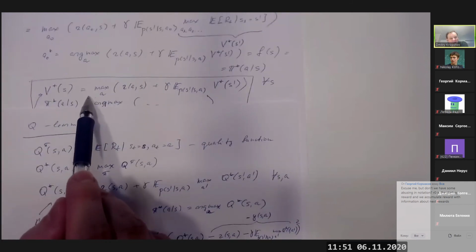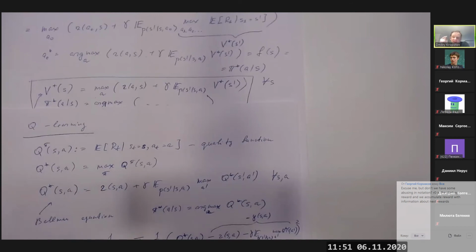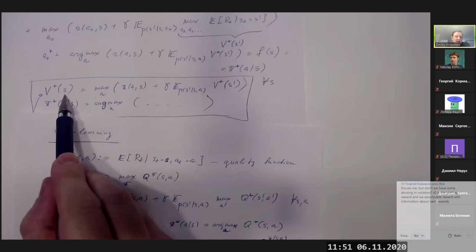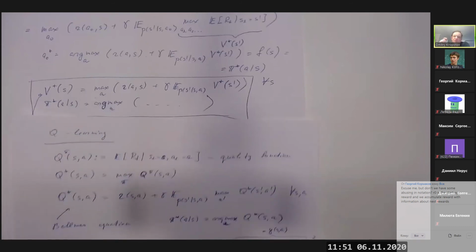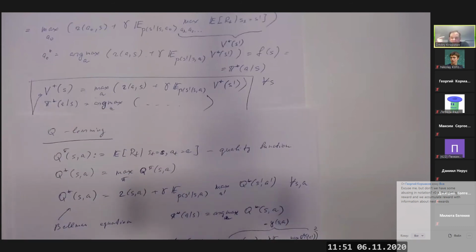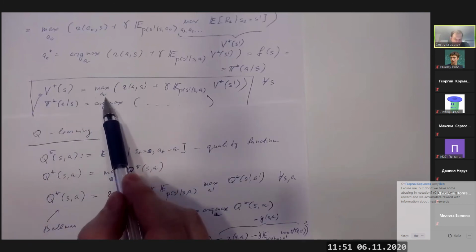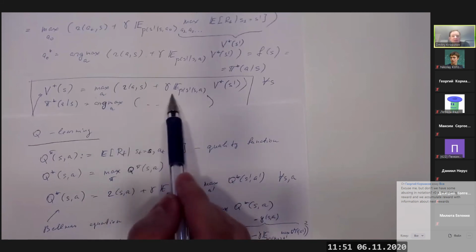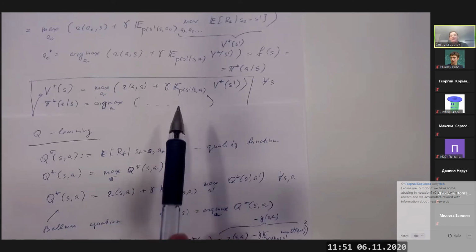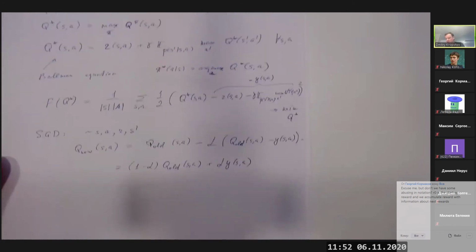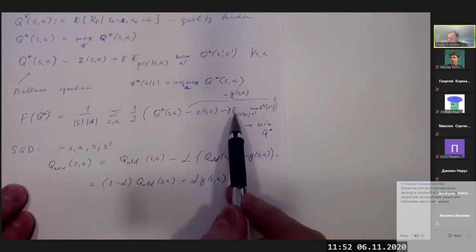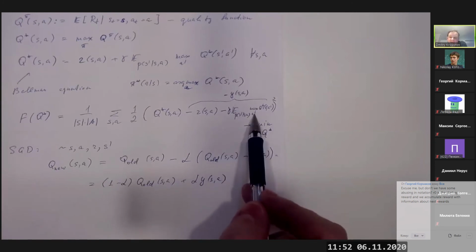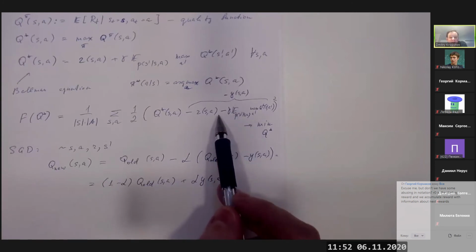For the case of V functions, in order to calculate our target for a particular state S, we need to make all possible actions, to try actually all possible actions A in our environment, get some next states S prime, and do this maximization.